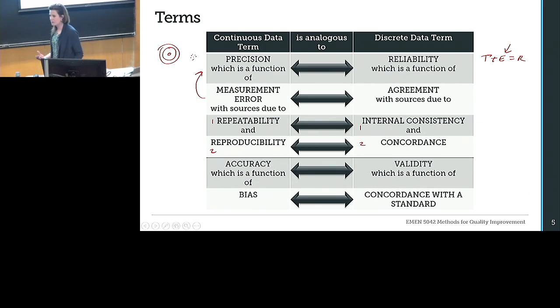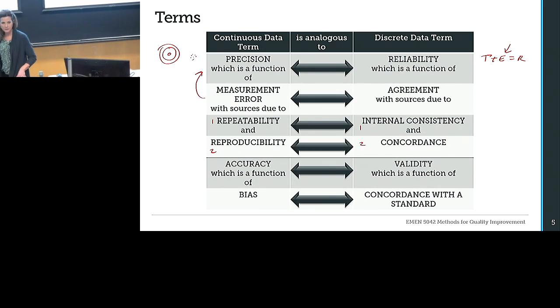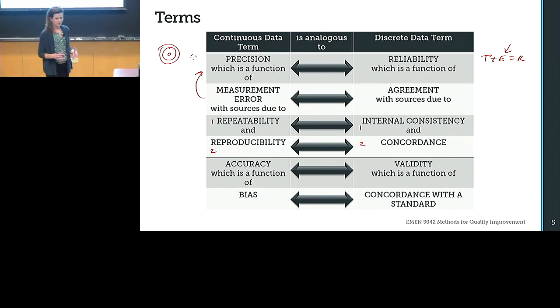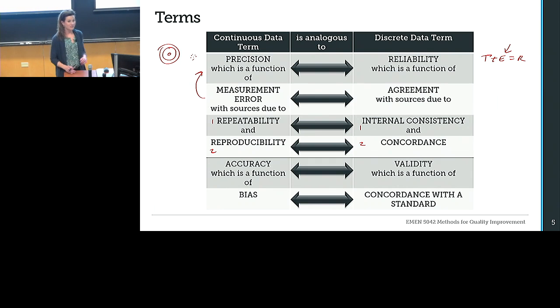And who remembers what repeatability is related to when we're looking at a continuous measurement system? Or give me an example in your own words. Able to repeat the data similarly. Yes, perfect.